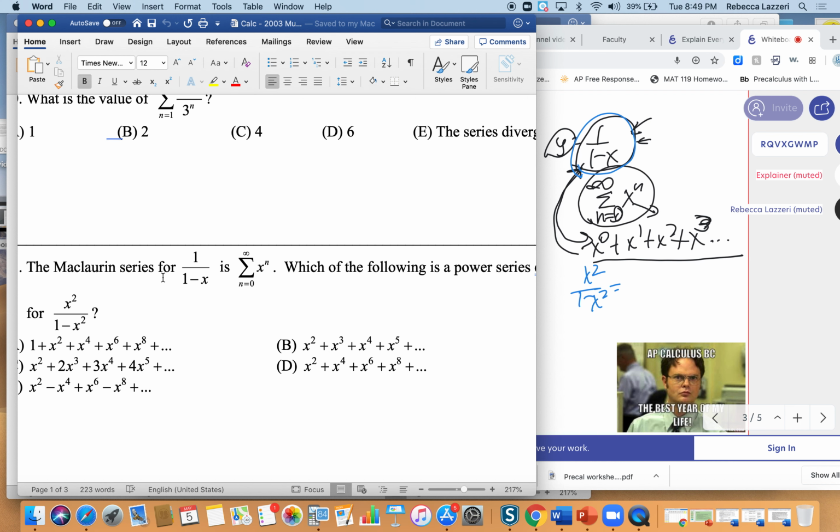If this is f of x, first of all, let's look and see what we have that's the same, because I want to fit it into some sort of power series. On the top, I notice instead of a 1, I have an x squared. And on the bottom, I have 1 minus x squared and not just 1 minus x. So I'm trying to draw into this polynomial some other polynomial situation.